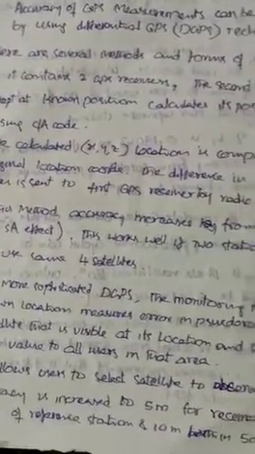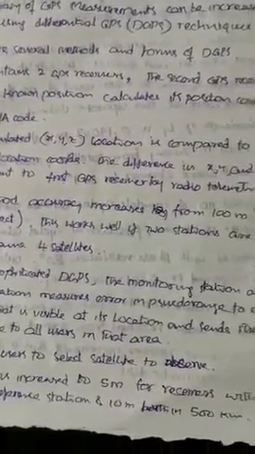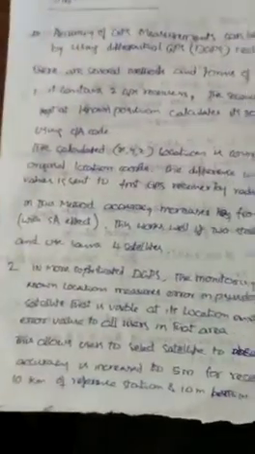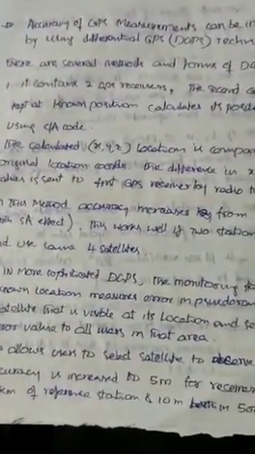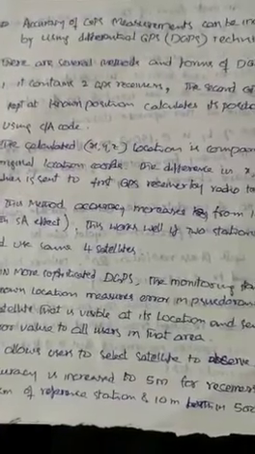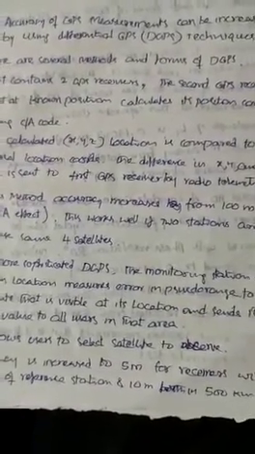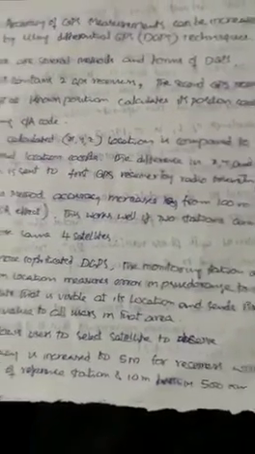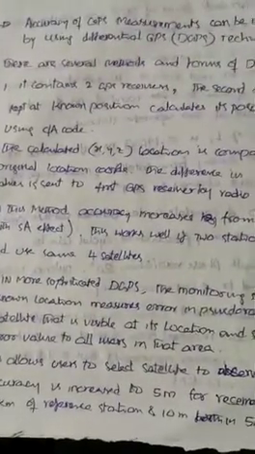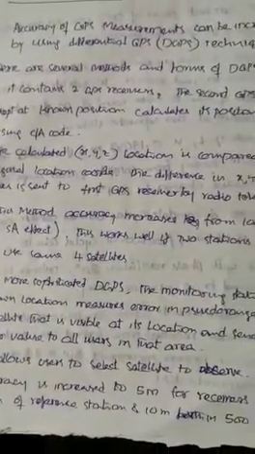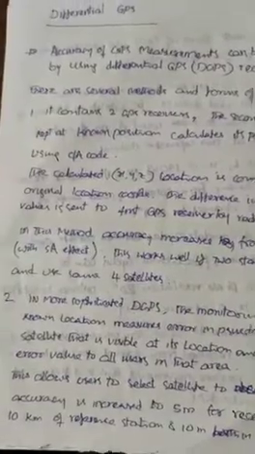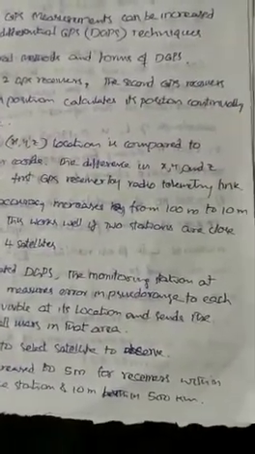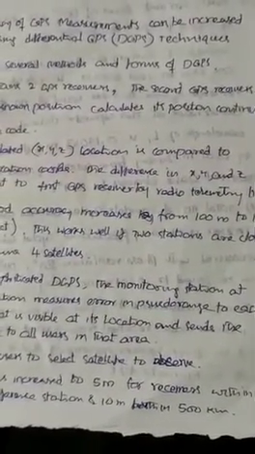The calculated XYZ coordinates of the location are compared to the original location coordinates. So, the difference between the known coordinates and the calculated coordinates is used for correction of the first GPS system, where the unknown location is calculated more accurately.